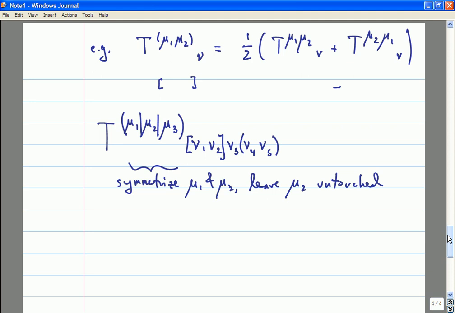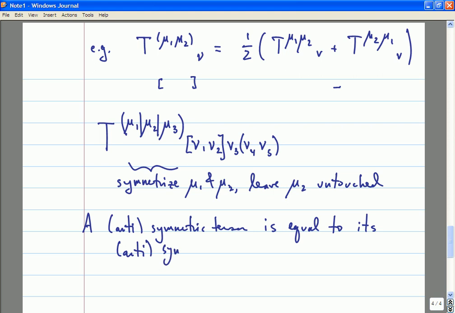So often you'll see me talk about a symmetric tensor or an anti-symmetric tensor. What do I mean when I say that? A symmetric or anti-symmetric tensor is one which is equal to its symmetrization or anti-symmetrization on all its indices.